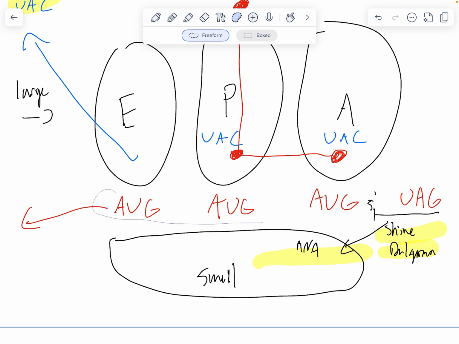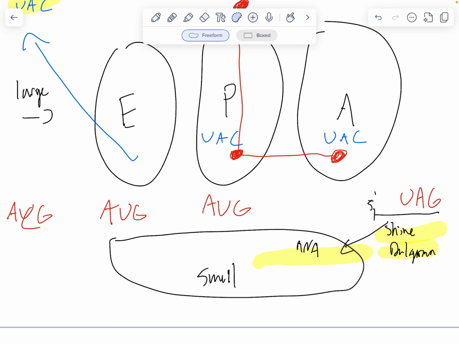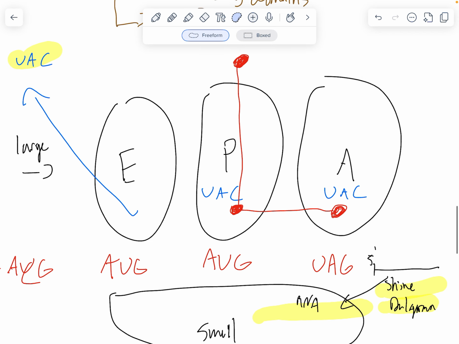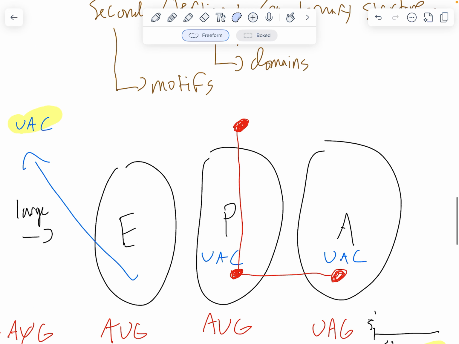So I'm going to have all these guys move one position, and he's going to move into the A site. And then same deal, these guys are going to move up and out.